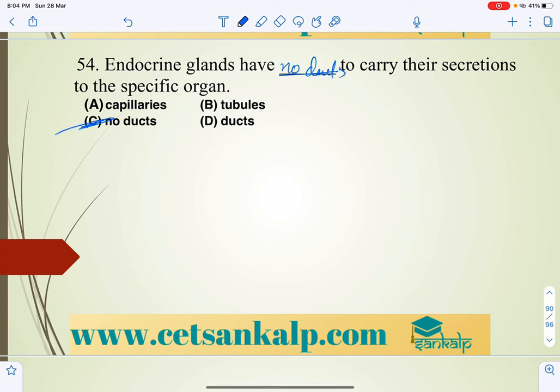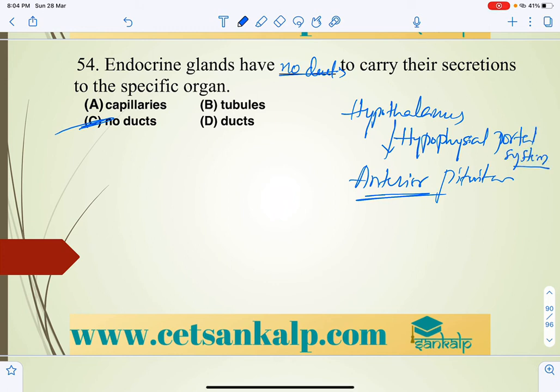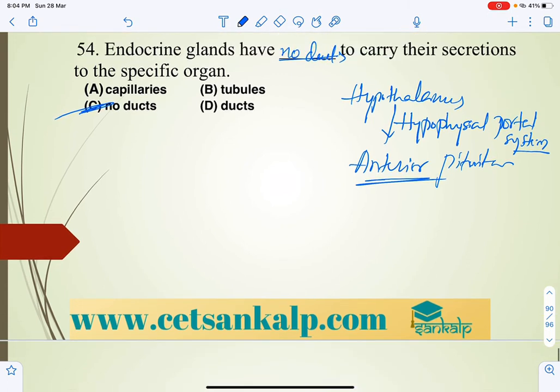And in the case of the connection between the hypothalamus and mainly the anterior pituitary, they are connected by the portal system. Already we have discussed, the hypophyseal portal system. So that is the answer.